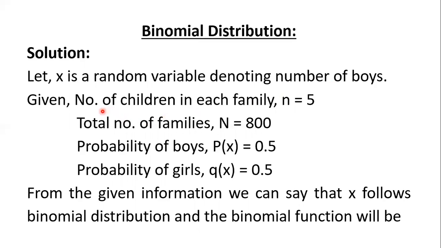The number of children in each family is n = 5. The total number of families is capital N = 800. The probability of boys p = 0.5, and the probability of girls q = 0.5.